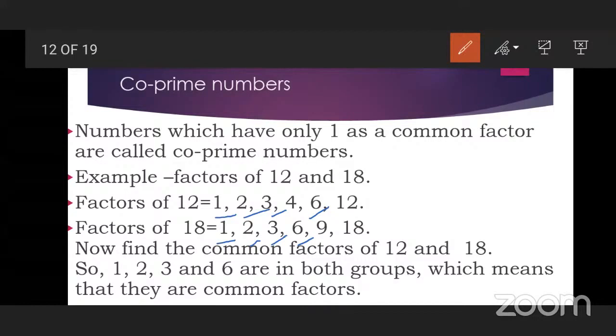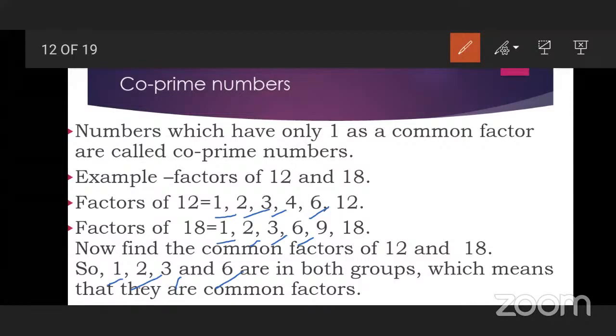So which are the common factors? 1, 2, 3, then 6. Means how many common factors are there? 4 factors are common in both groups. Okay. So these are the common factors.